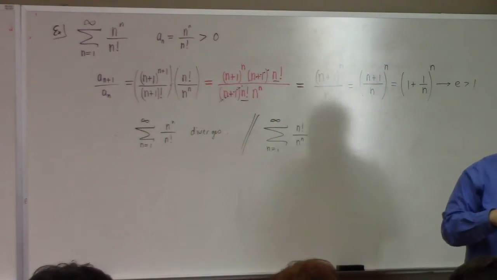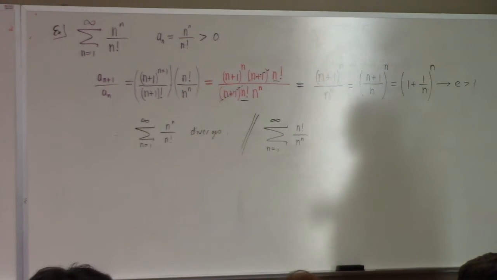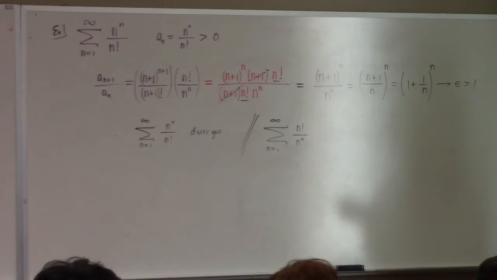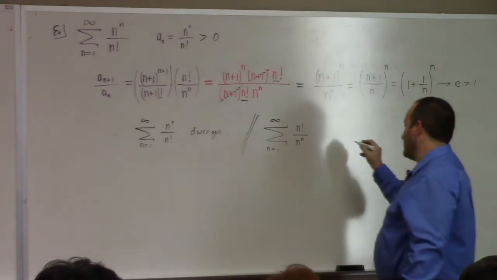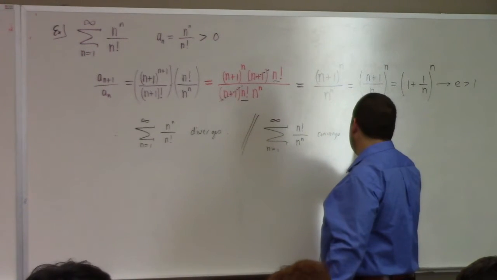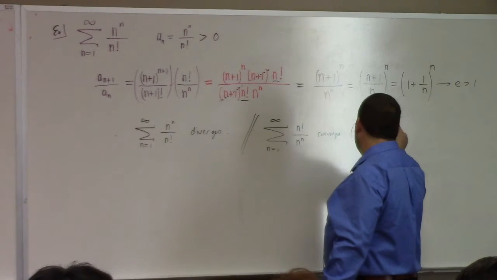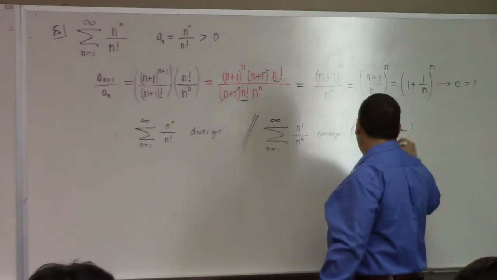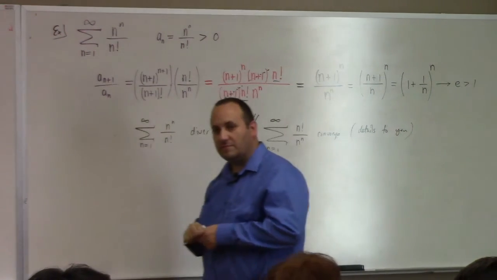So here I'm replacing a sub n with 1 over a sub n, right? It's almost the same calculation. It flips over, right? So I'm pretty sure that converges. I leave the details to you. Similar calculation, though.